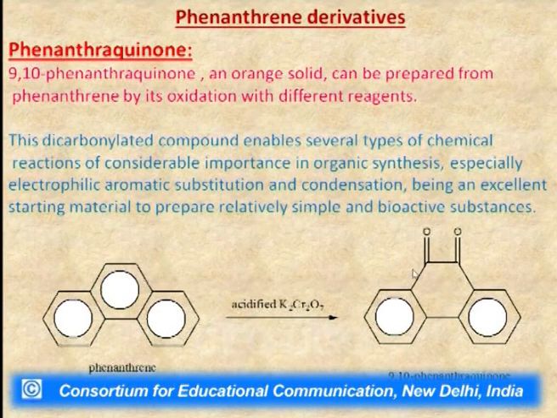This dicarbonylated derivative of phenanthrene has many types of chemical reactions of great importance in organic synthesis, especially in electrophilic aromatic substitution and many condensation reactions, being an excellent starting material to prepare relatively simple and bioactive substances.